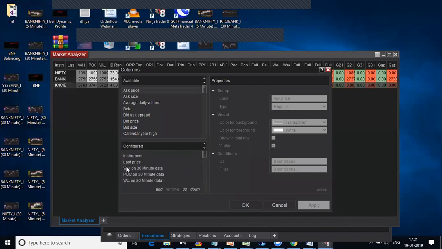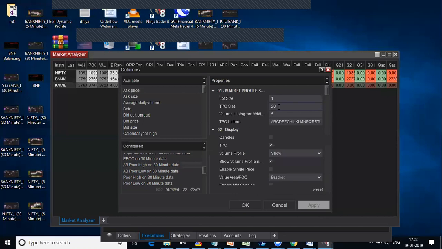Let's say the TPO settings for AB poor low, which is very critical. Go to AB poor high or AB poor low, select it, and then select the TPO size for ICICI Bank as 2. And for AB poor low, again go back and select the TPO size as 2.